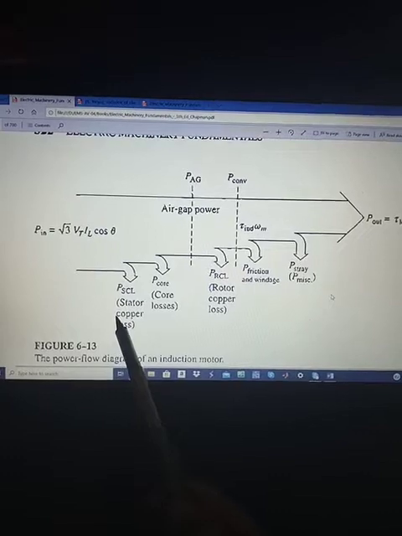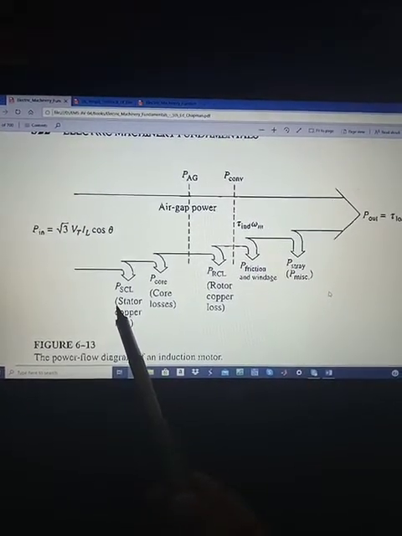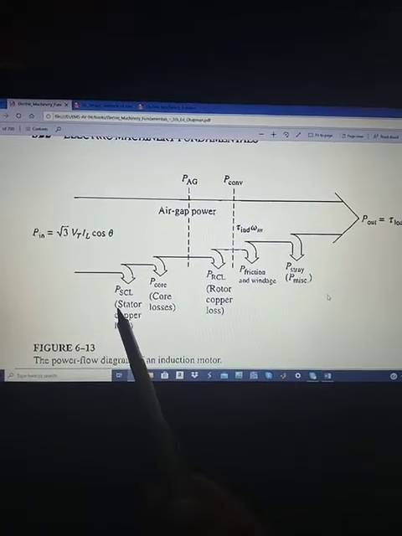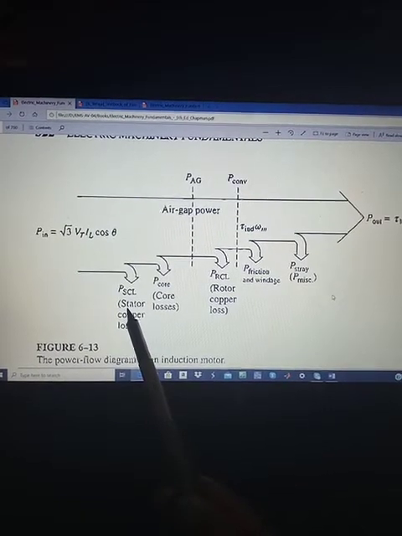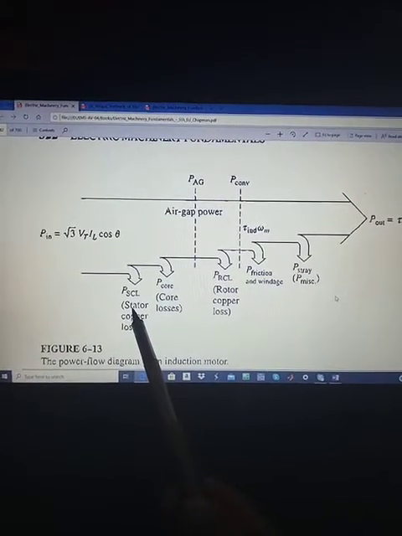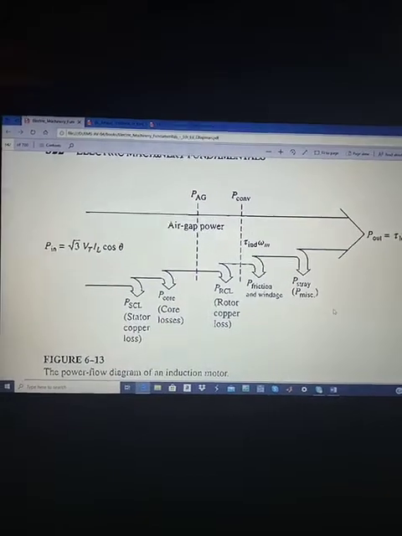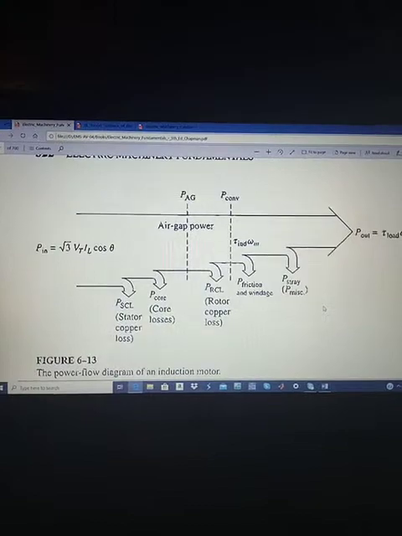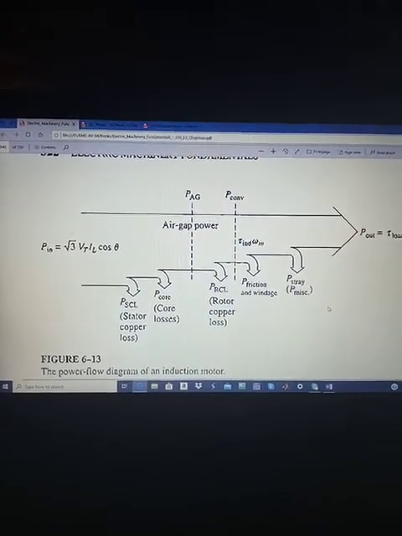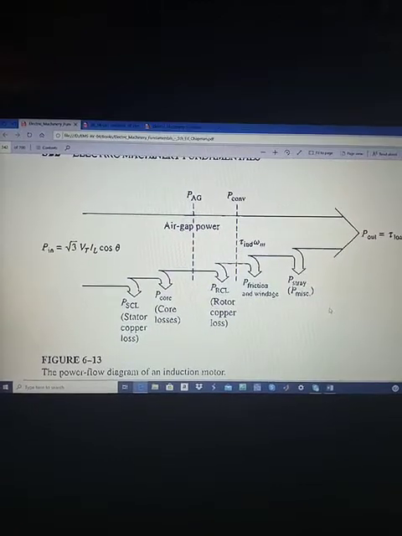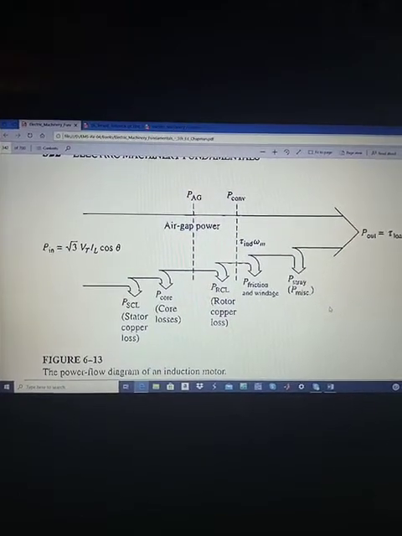Because when we apply three-phase voltage to the stator, current will be flowing in the stator winding, and as the stator is wound with copper wire, the stator will have copper losses, that is I square R losses.